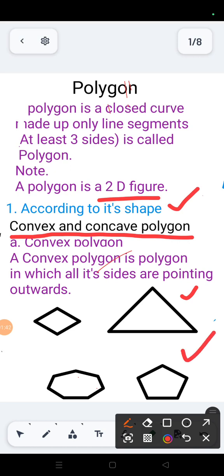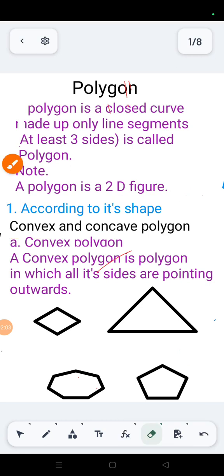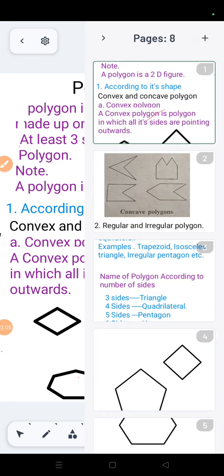Similarly, you can see in this pentagon, all vertices are pointing outward. Similarly, in the quadrilateral, this rhombus, and this is another figure. So in the convex polygon, all its sides are pointing outwards. Clear?